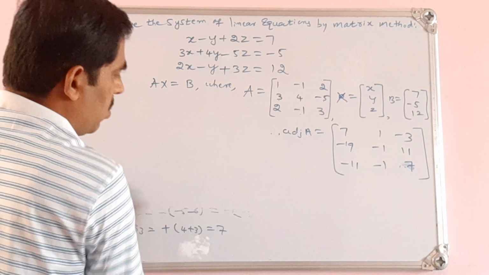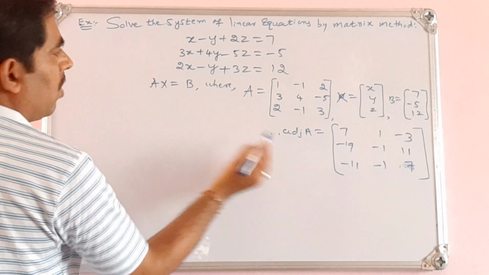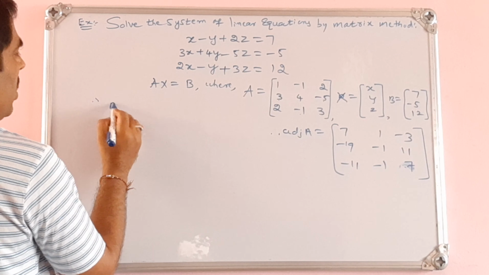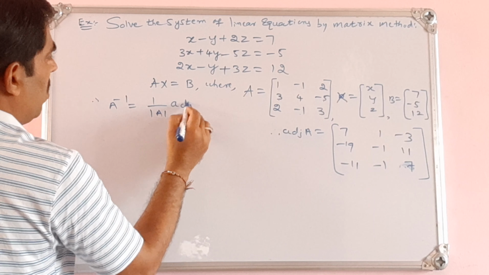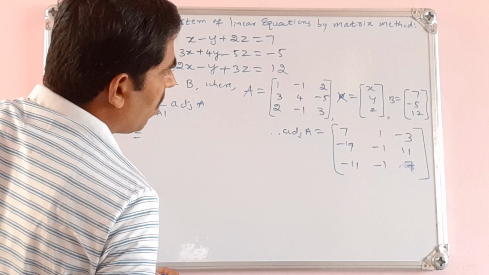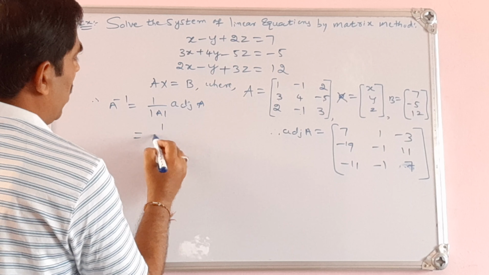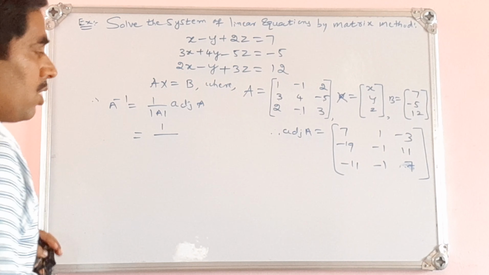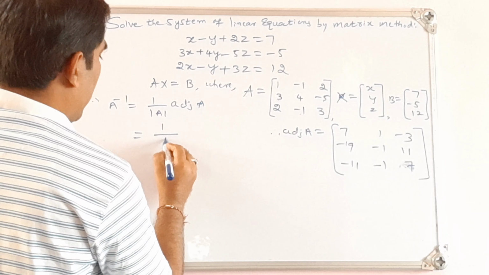So let us continue to the next step. What is our inverse here? A inverse is equal to 1 by determinant of A into adjoint A. The determinant of A we have calculated as 4 here.